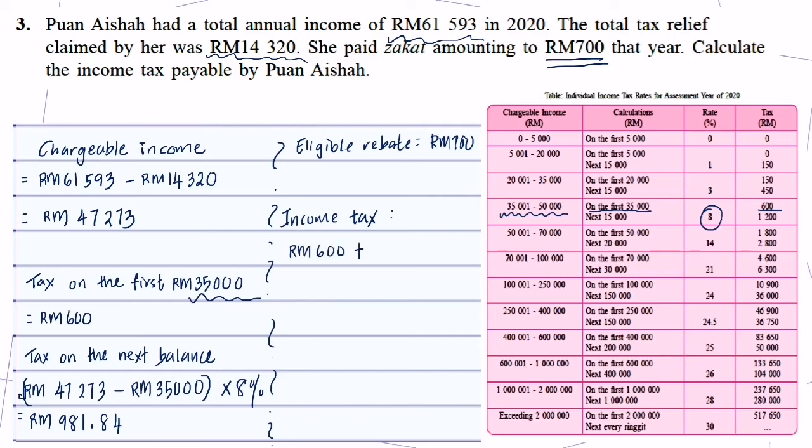Plus the tax on the next balance is 981 ringgit 84 cents minus the tax rebate 700 ringgit equals 881 ringgit 84 cents.